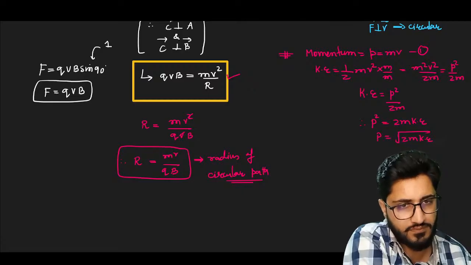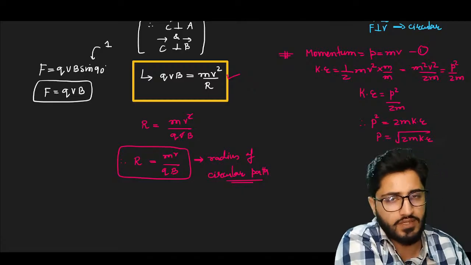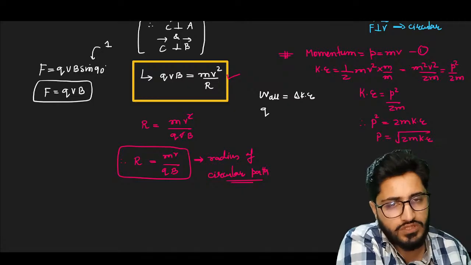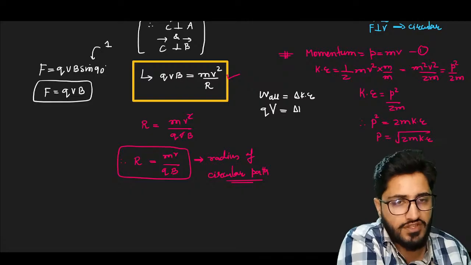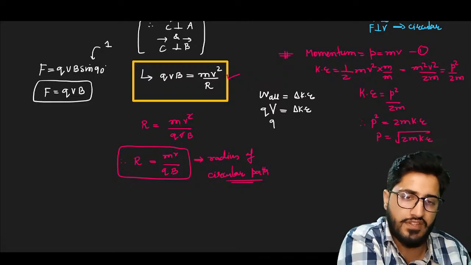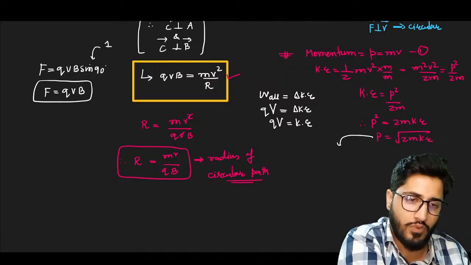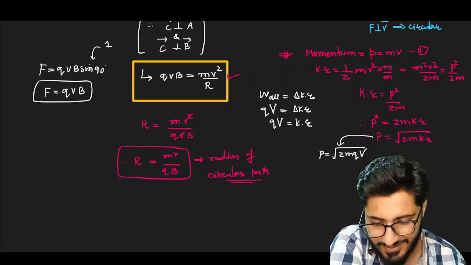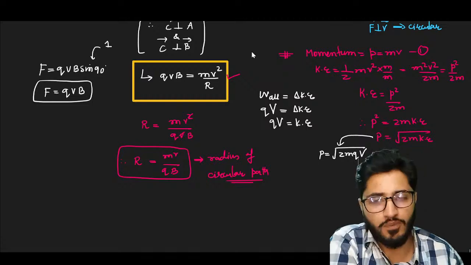One more thing, that is work done by all forces equals to change in kinetic energy. It is Q charge into potential equals to change in kinetic energy. If initially it is zero, I can write it is KE. So one more equation, P is equal to under root of 2mQV. Now place all these formulas in this equation.